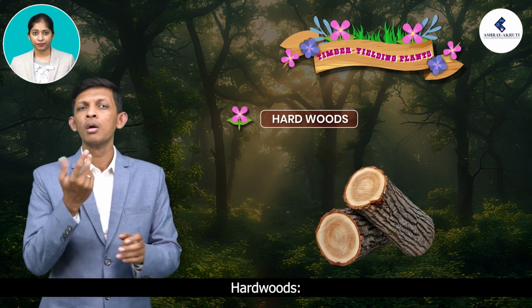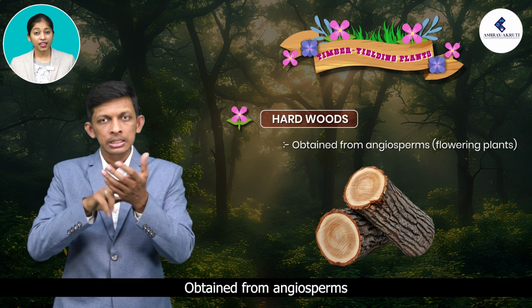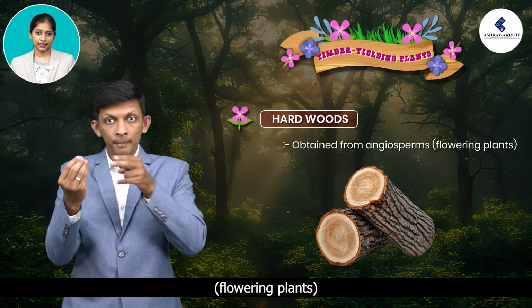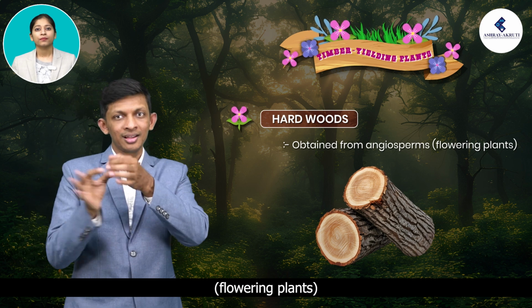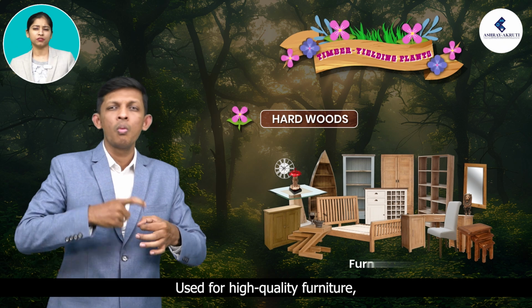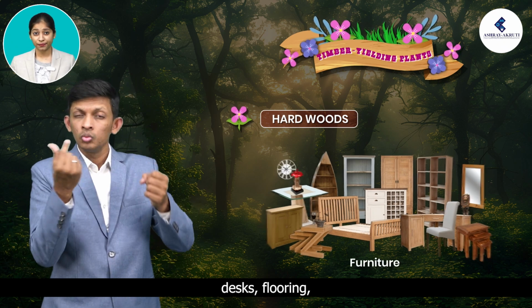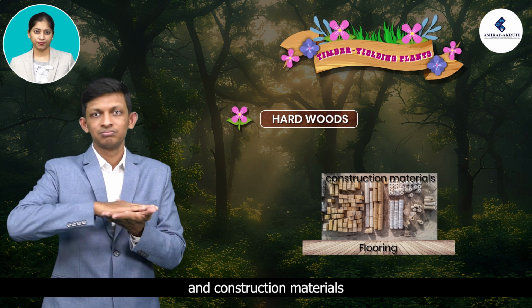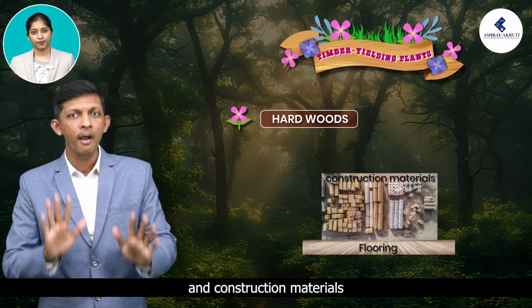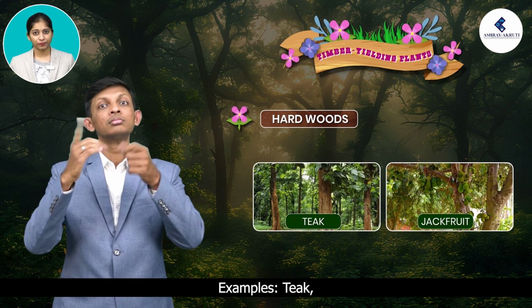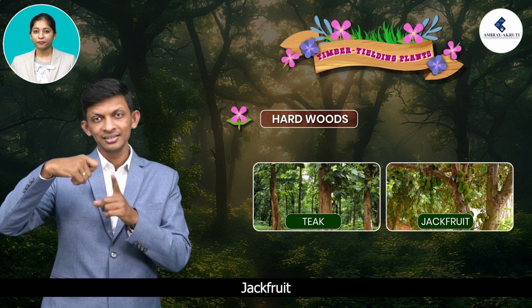Hardwoods, obtained from angiosperms, flowering plants, are used for high quality furniture, desks, flooring, and construction materials. Examples: teak, jackfruit.